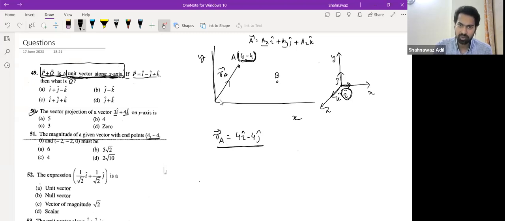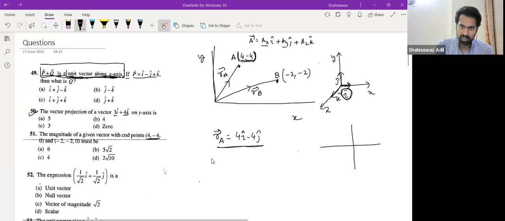Ifat, can you tell me what would be the position vector of this point? This is -2. Actually, the points would be here, this is plus, this is minus. Yes, -2, absolutely correct. So RB is -2I and -2J.